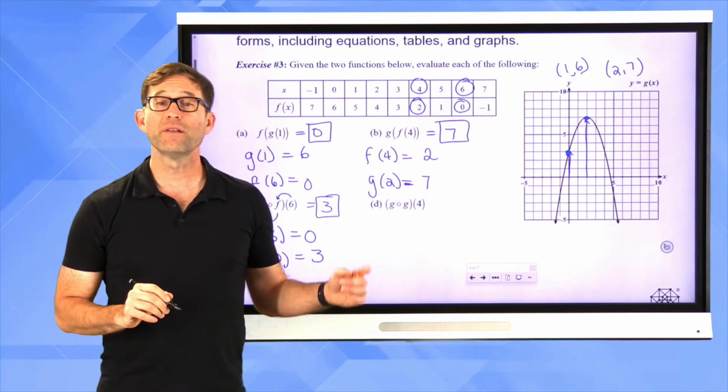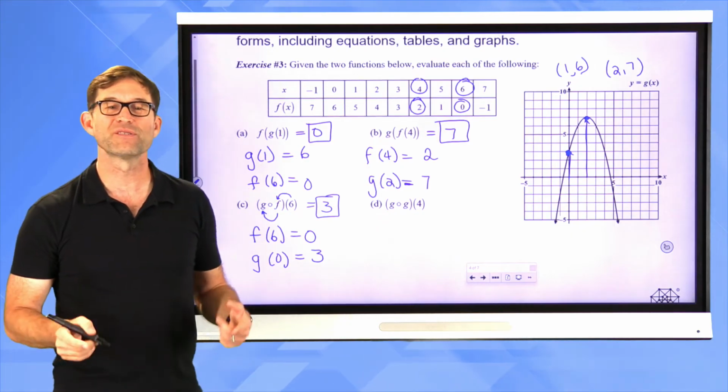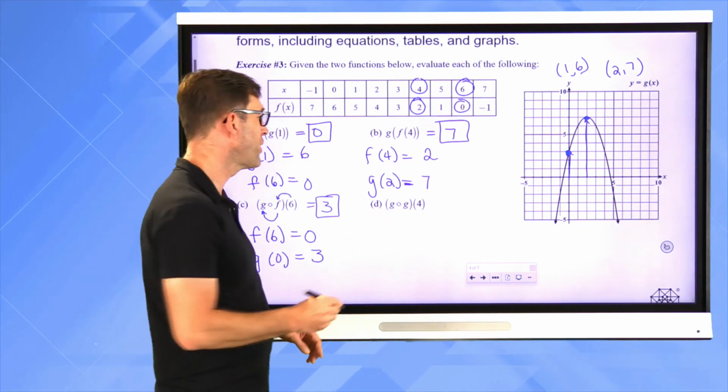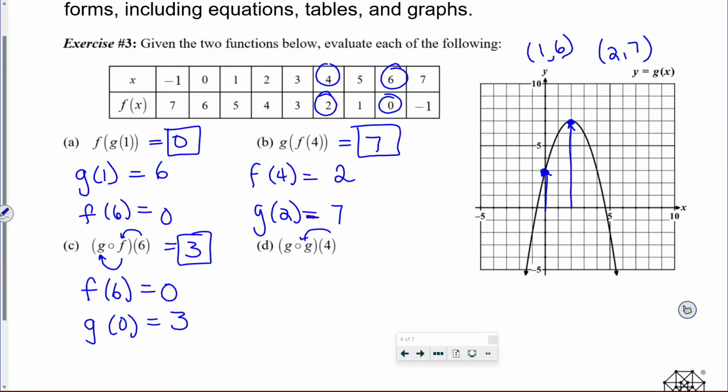And now that final one, g of g of 4, just to emphasize that you can compose the same function. 4's got to go into g, and then whatever comes out of that has to go back into g. So g is my graph here. I'm going to go over to 4, come up, and find g of 4 is equal to 3.